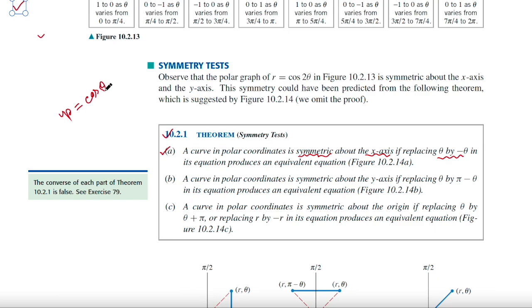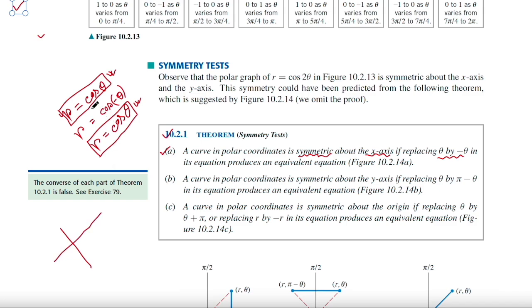This is our original equation. But now if you replace theta by minus theta and you get back the same equation, it indicates that if you sketch this equation, it will be symmetric to the x-axis.